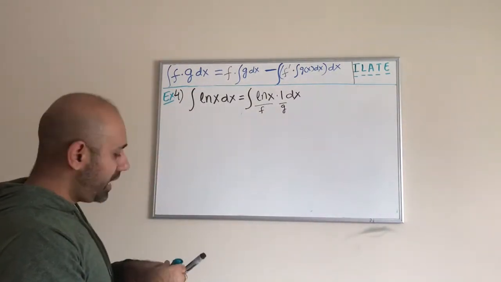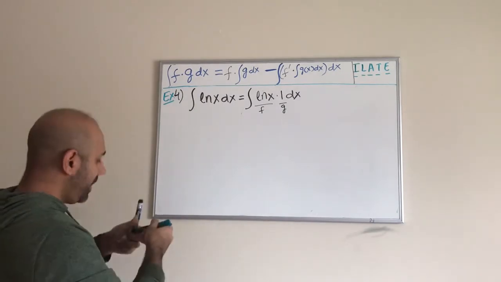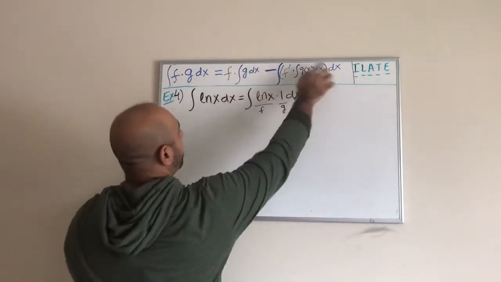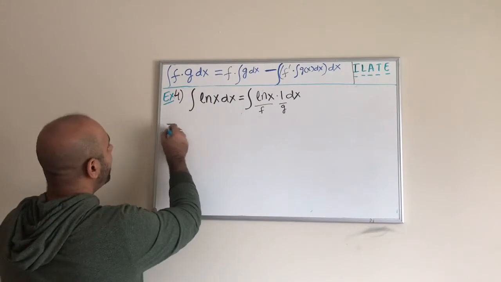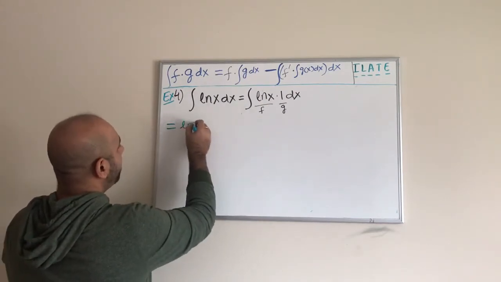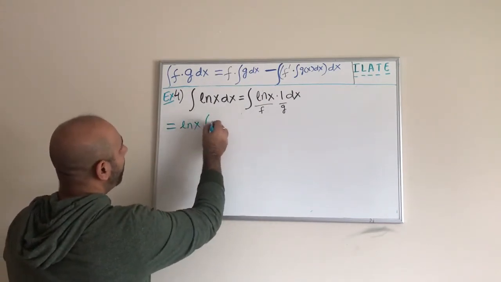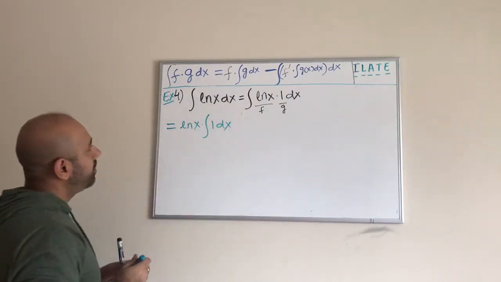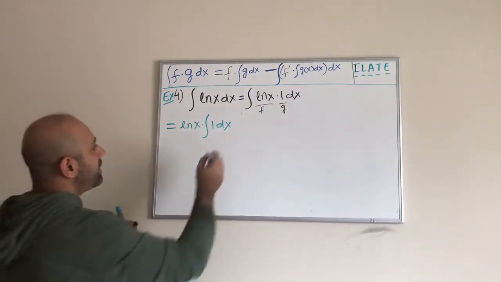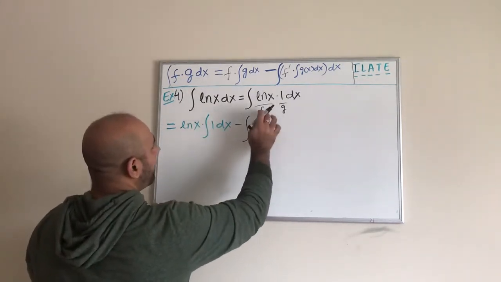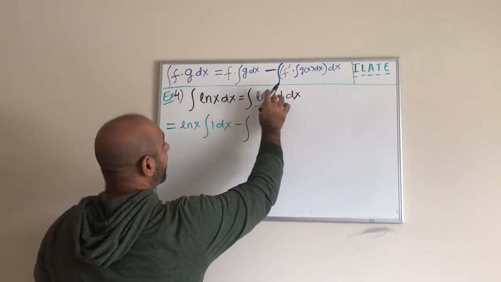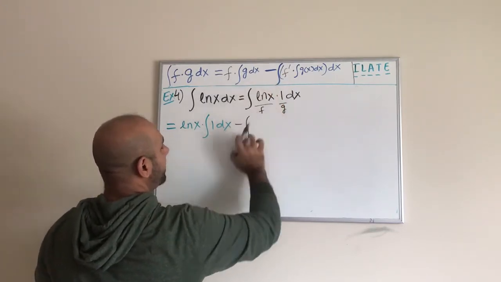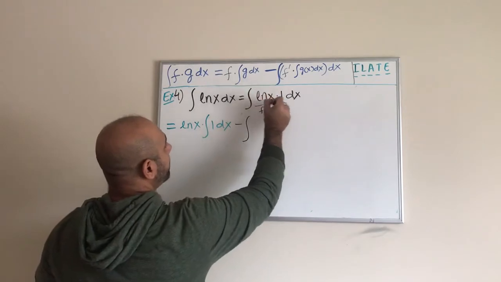So guys, now we just have to use the integration by parts formula, which is already listed up here. So let us go ahead and apply that. First, I simply write the f, which is ln of x times the integral of 1 dx. Just have to write that step, and then minus the integral of f prime. We have to take the derivative of this function.